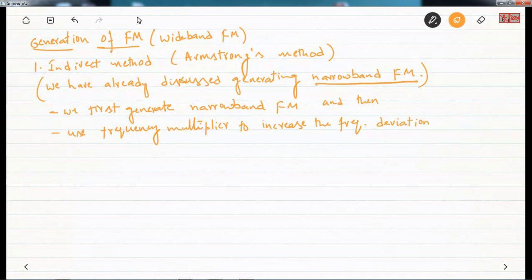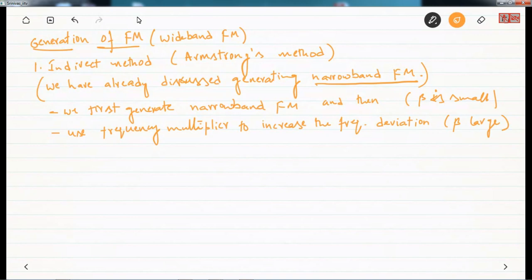So narrowband FM meaning beta is small, and then we use a frequency multiplier to make beta large. So that's what I mean, right?